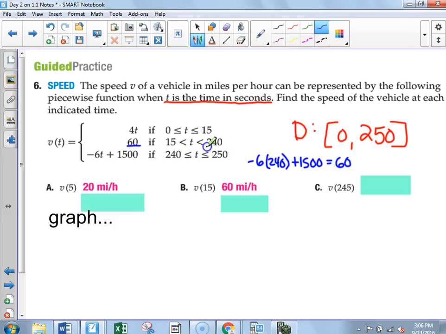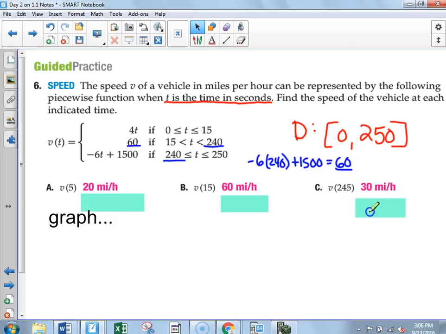It was 60, almost up to 240, and then at 240 we put it in and we also got 60, yes? So it is continuous there as well. We're going to graph this in 1 second, absolutely. And 245, can anybody put 245 in? Negative 6 times 245 plus 1500? 30 miles an hour.